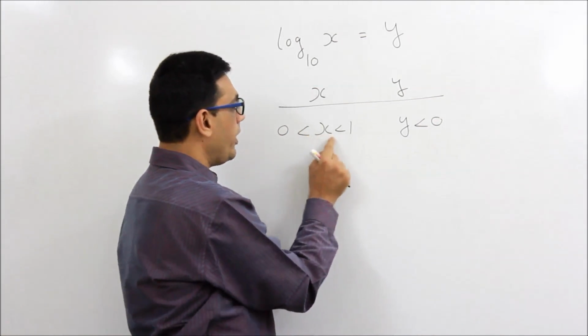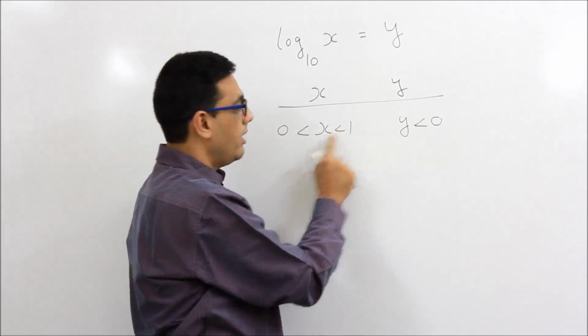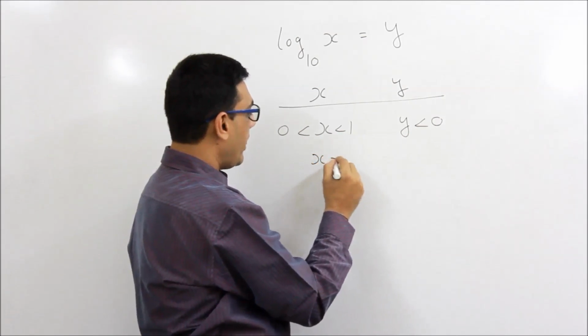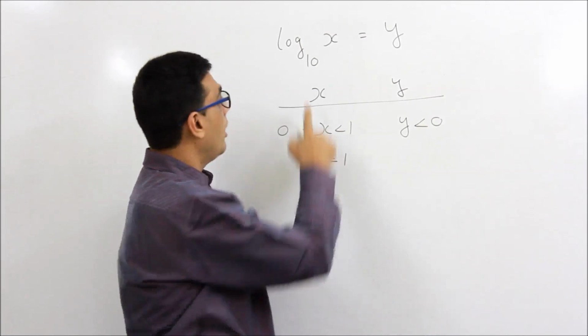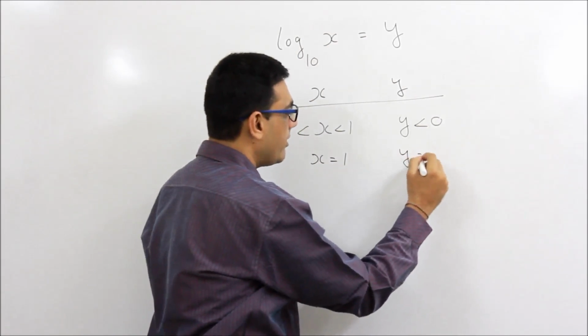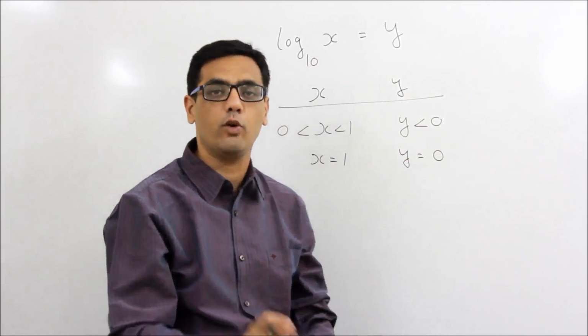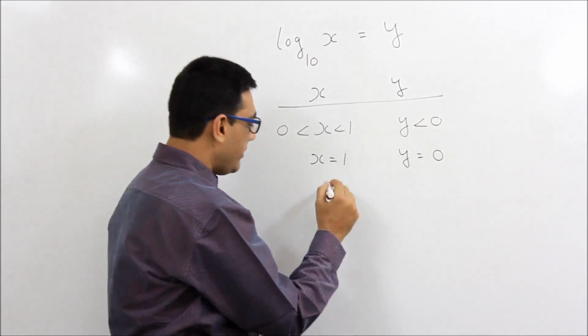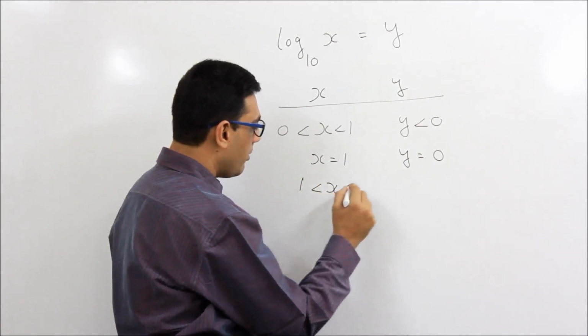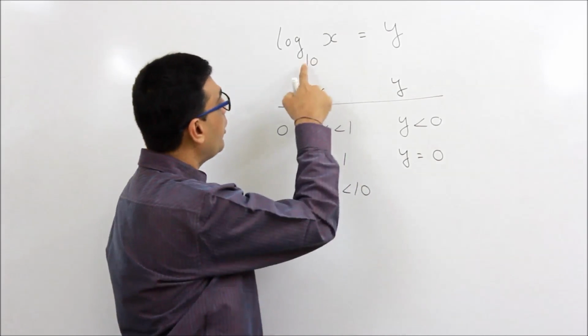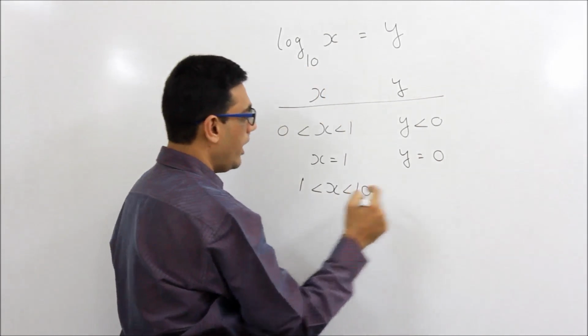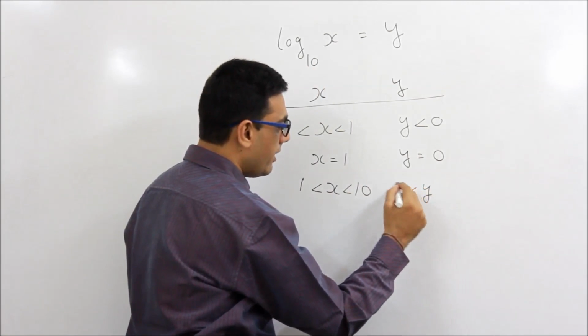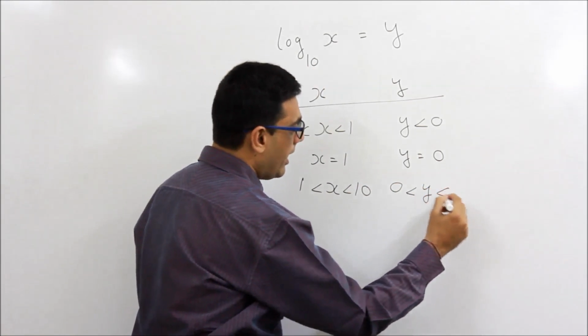Log of anything like 0.5, 0.7, 0.8, the answer is negative. If x is exactly 1, log of 1, y is exactly 0. Log 1 is 0. If x is greater than 1 but less than 10, why 10? Because that is what the base is. That means y will be greater than 0 but less than 1.